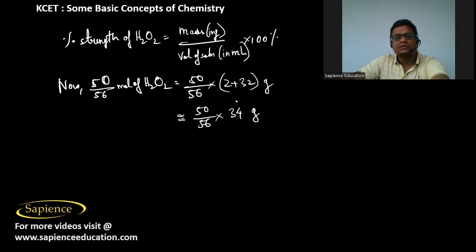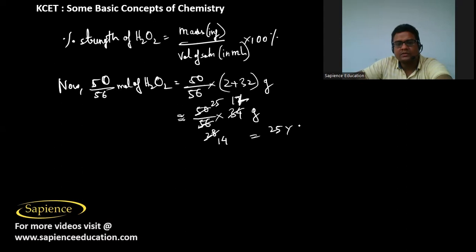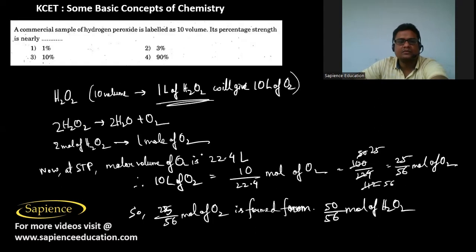Simplifying, this will be 25 into 17 divided by 14 gram, which is present in 1 liter of H2O2.